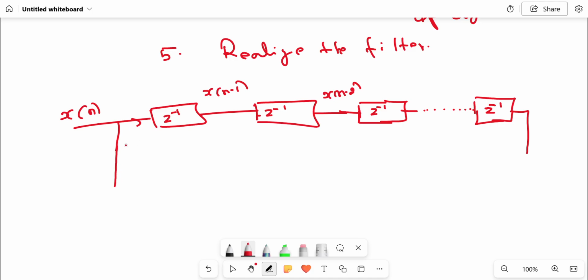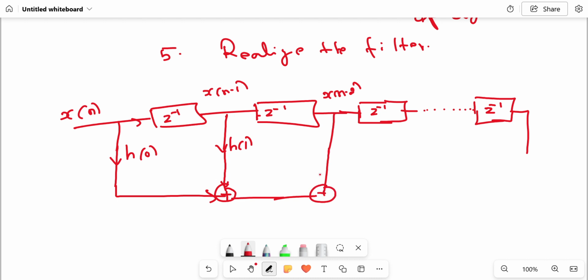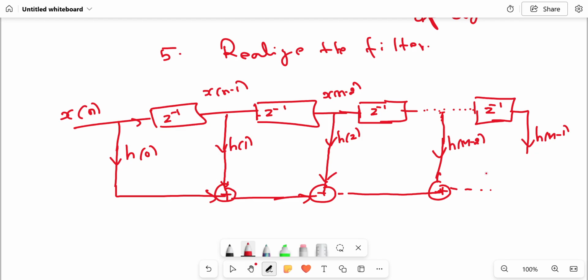The coefficients are h of 0, h of 1, h of 2, up to h of M minus 2 and h of M minus 1, all added together, which will be y of n.